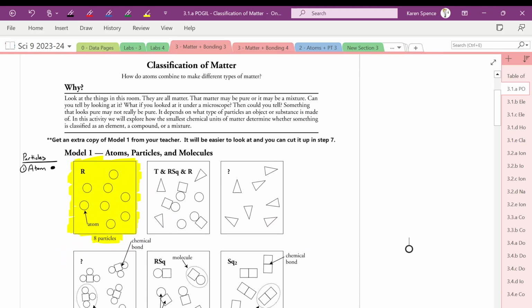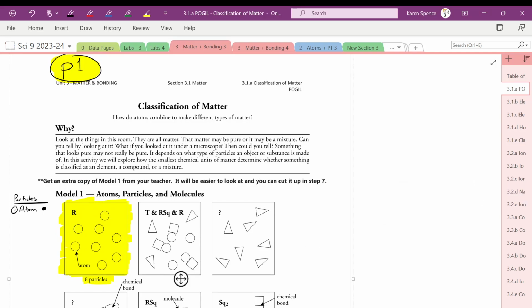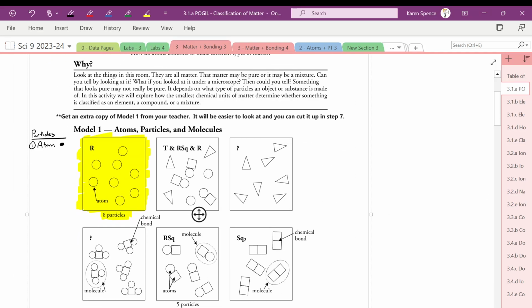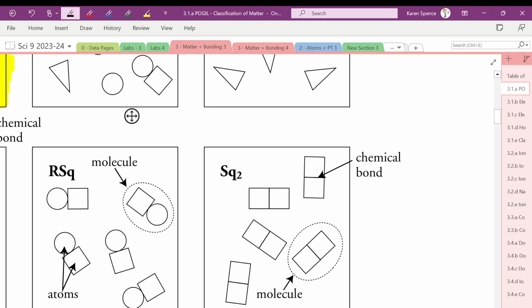Now we also have this kind of a particle here, where we have 2 squares both joined together.